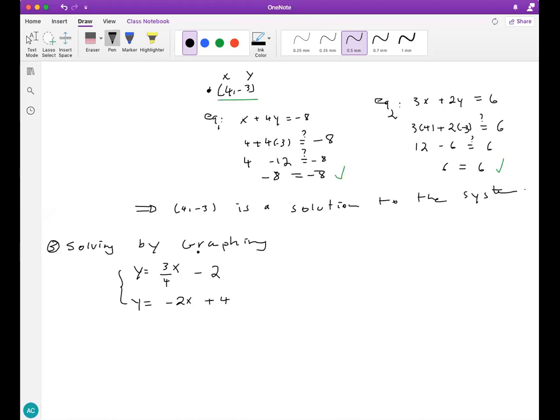To solve this by graphing, we're going to have to graph both in the same graph. So let's draw a graph. Or it's even better if you use graphing paper. Graphing paper makes this a lot easier and more accurate.